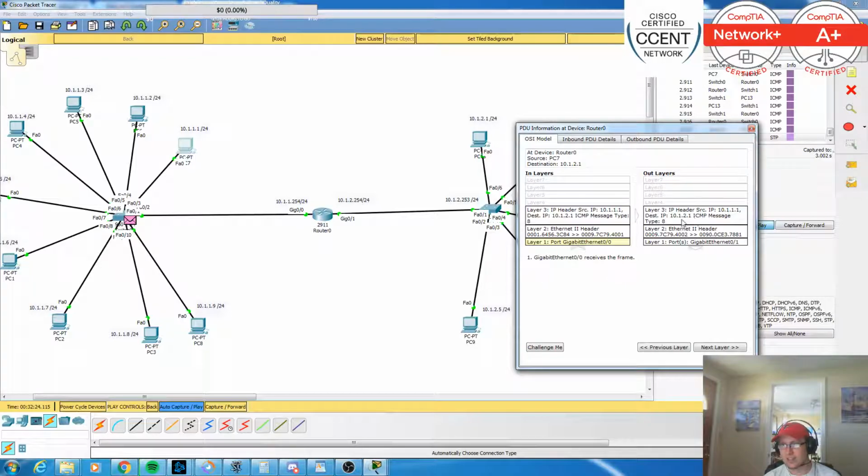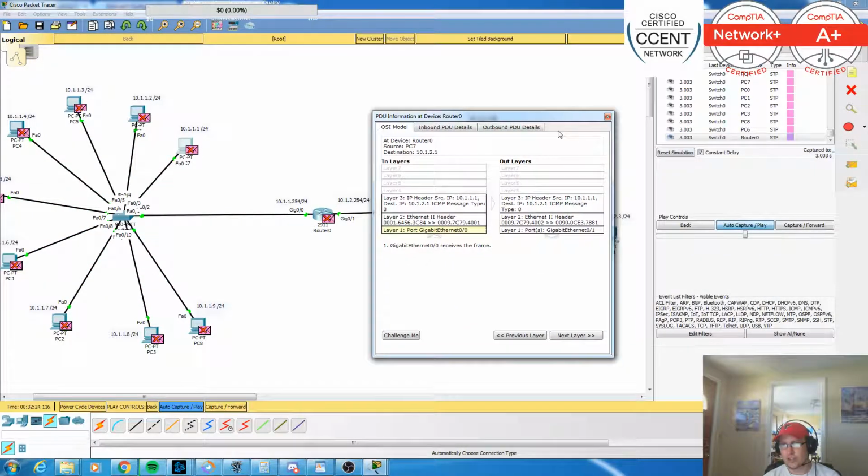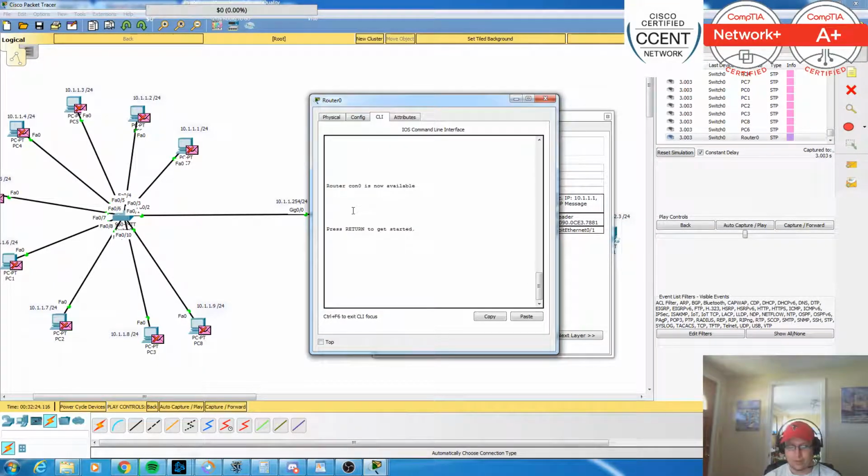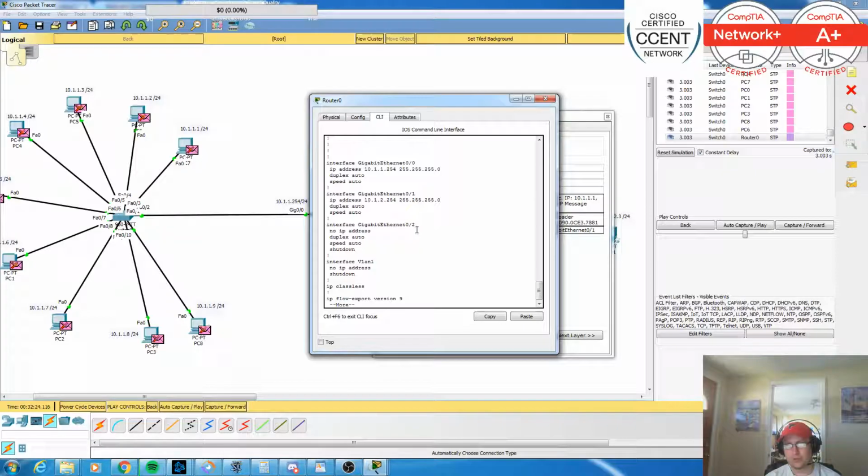The layer 3 stays the same, but the layer 2 actually changes. So let's stop this for a minute. So the layer 2, or the MAC address, actually changes. And the router, if we go into here, if we can get a visual.